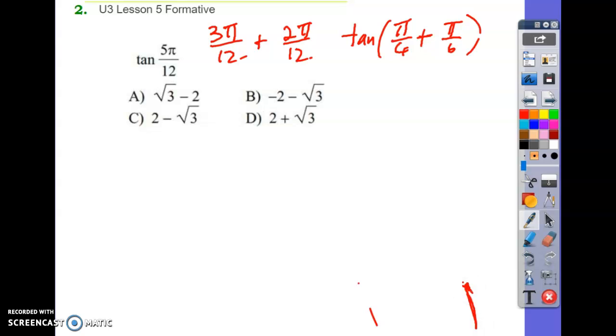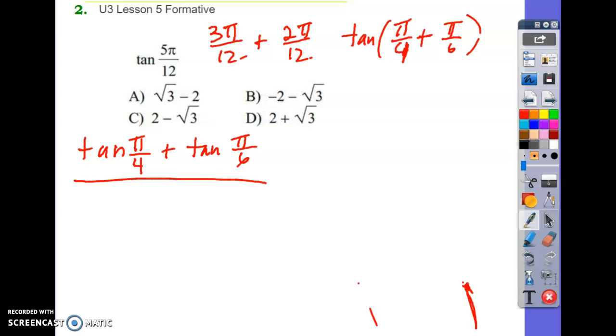All right, so let me go tan plus tan, 1 minus tan tan. So tangent of pi over 4 plus the tangent of pi over 6 over 1 minus the tangent of pi over 4 times the tangent of pi over 6.